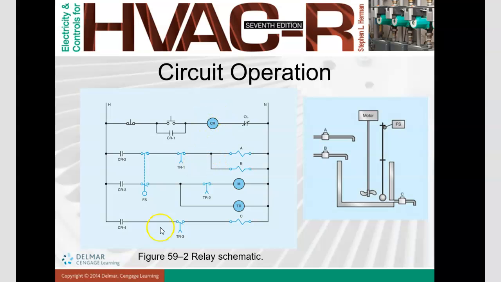This will send a signal to the other coil relay contactor, and from normally open it will become closed. So when energized, normally open becomes closed. D1 will have current, this one also will have current, and at the same time this one also will have current.